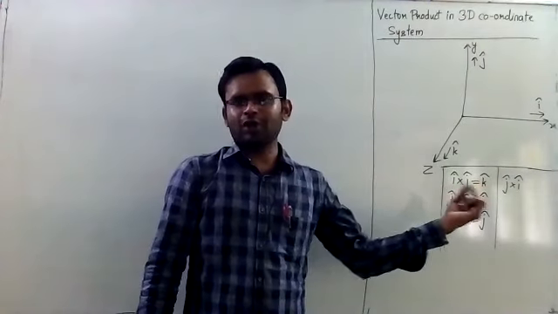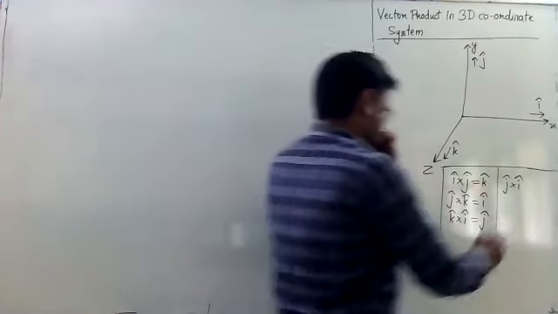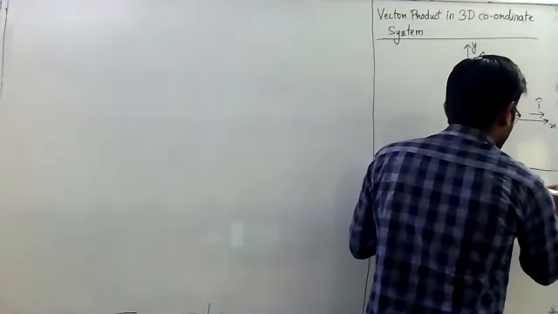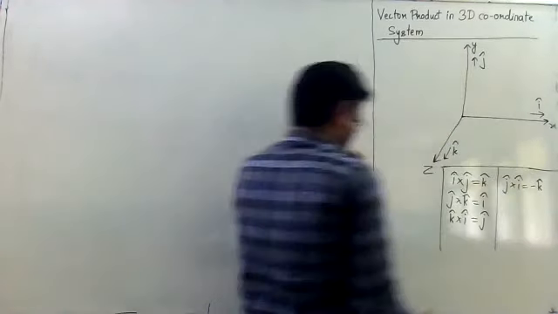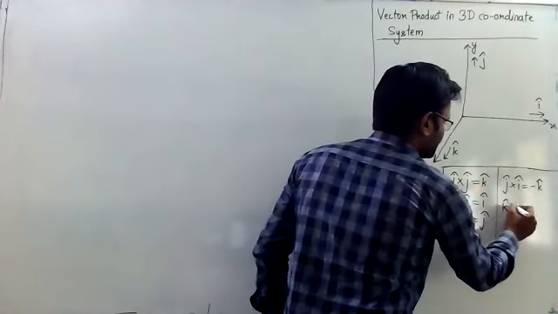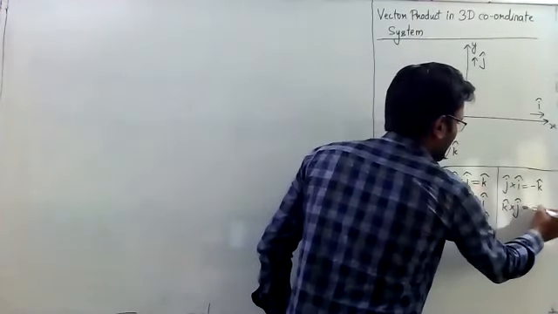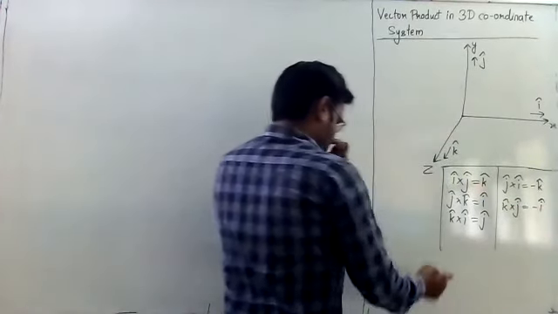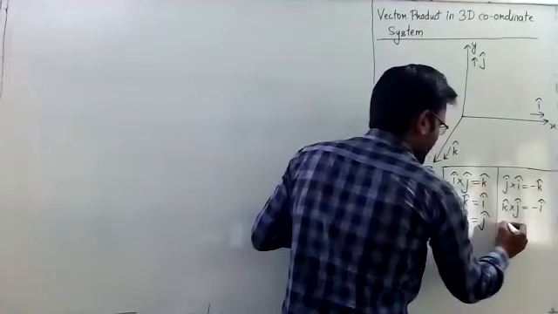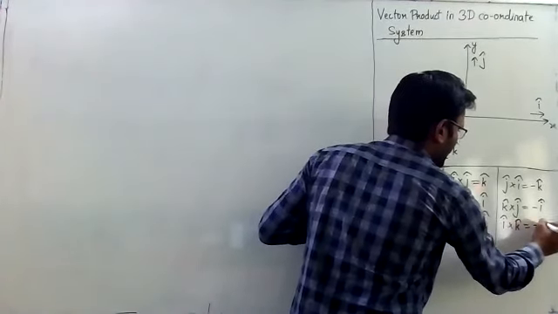So i cross j is giving me k cap, so j cross i is definitely going to give me minus k cap. J cross k is i, so k cross j is equal to minus i. Also k cross i is equal to j, so i cross k is equal to minus j.